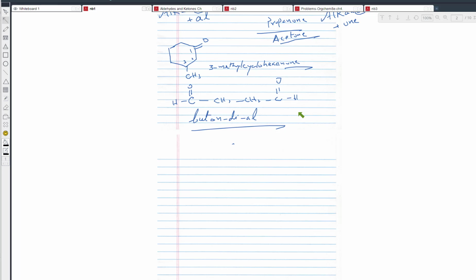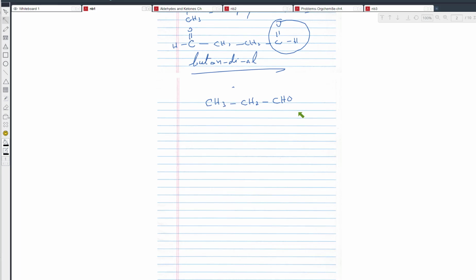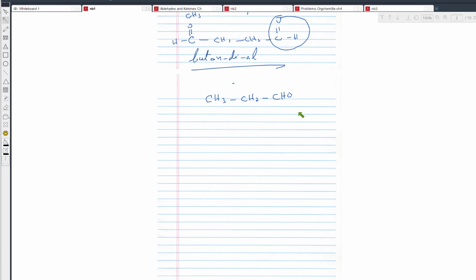Sometimes they also write the aldehyde group like this. For example, CH3, CH2, and they write CHO. This CHO cannot be alcohol. Why? Let's try by mistake. Suppose I'm writing CH2 and opening the CHO like this, taking OH. Why is it wrong?